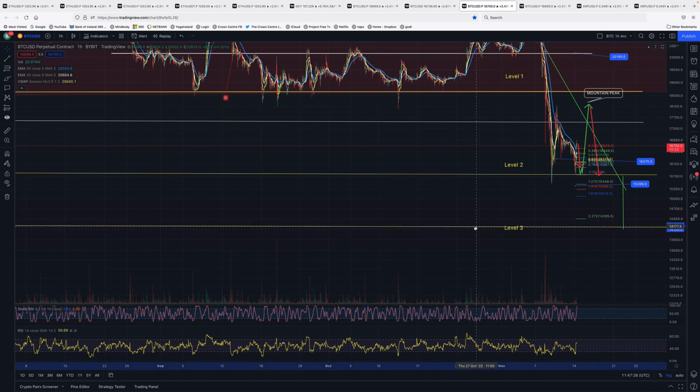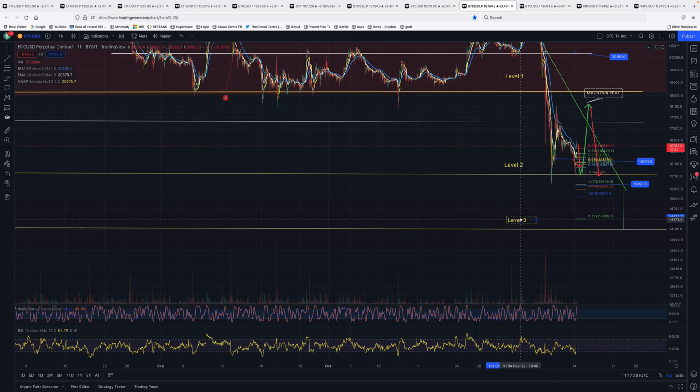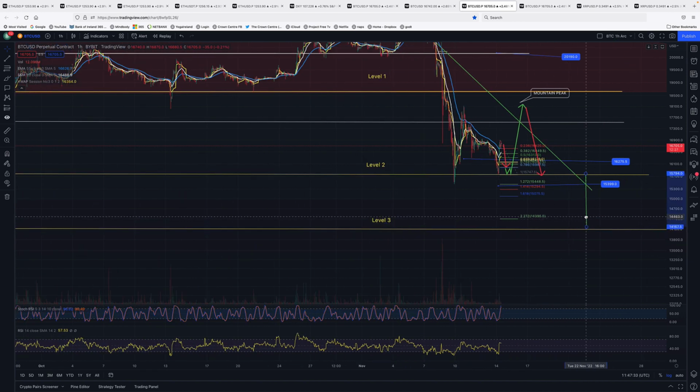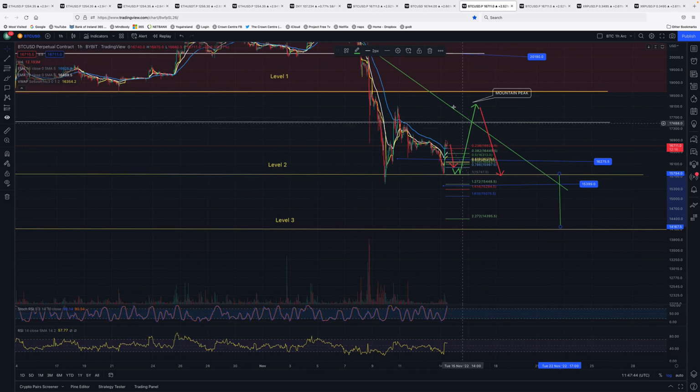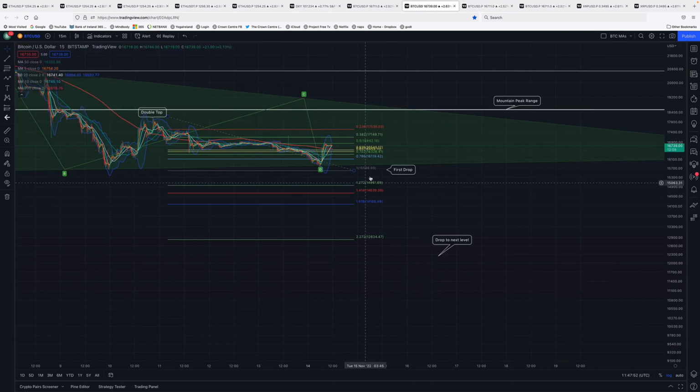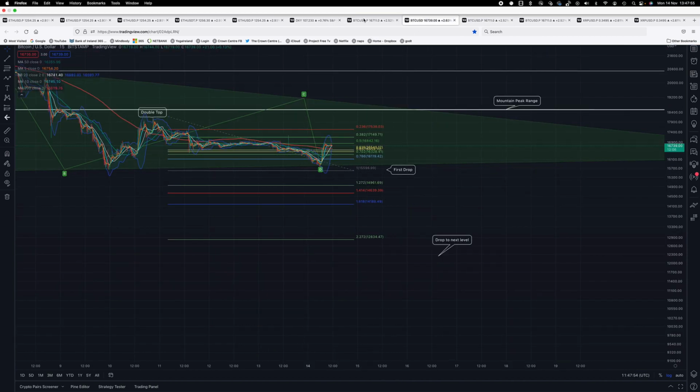I can tell you what my targets are on the daily channels and on the daily levels, and then confirm them on the local level. So I've adjusted the levels now. 14,000 is now the new target here, a little bit above where we thought, because I moved this line to have confluence with what happened here. I believe it's true to the current price action to hold it in confluence there.